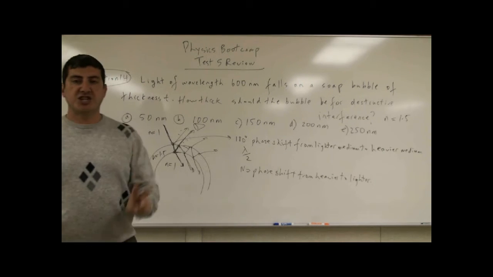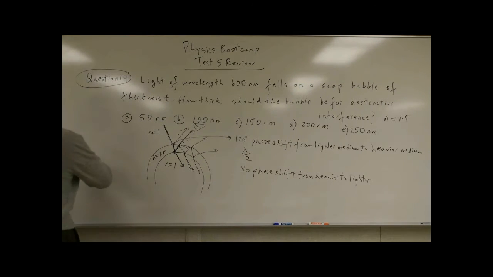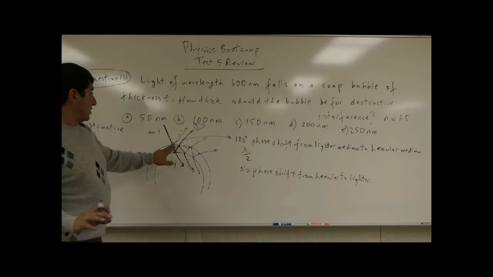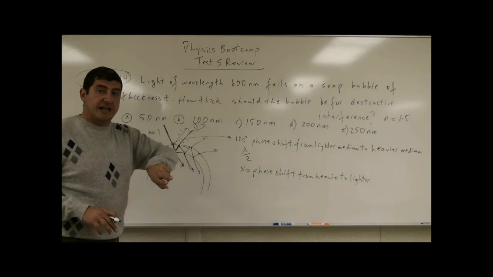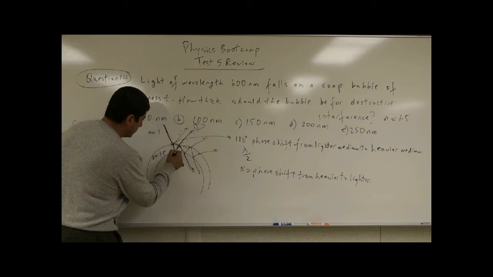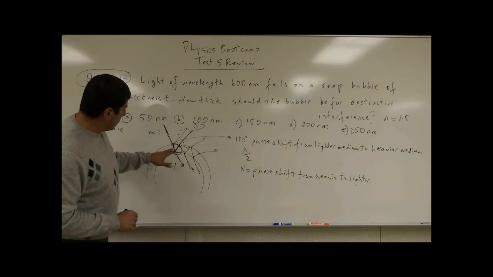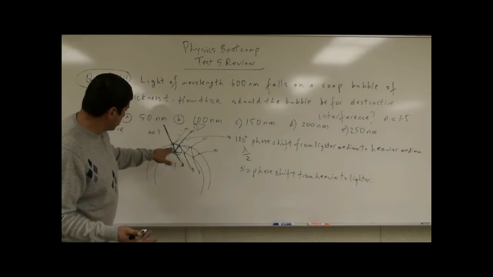So what is the condition for constructive interference? Since one of them has already experienced a phase shift of lambda over 2, what we want is the path difference. The second wave took an extra path. What was the extra path that the second took?